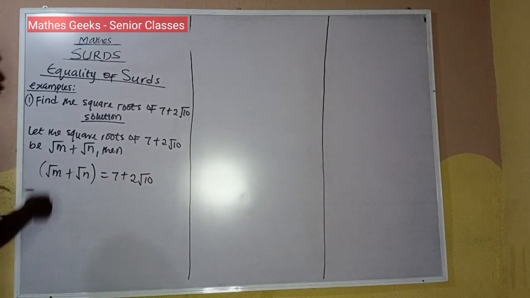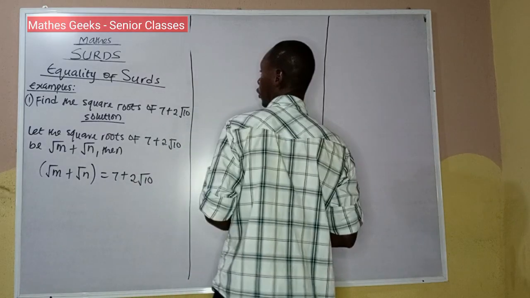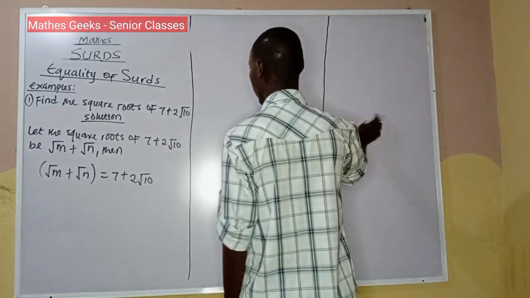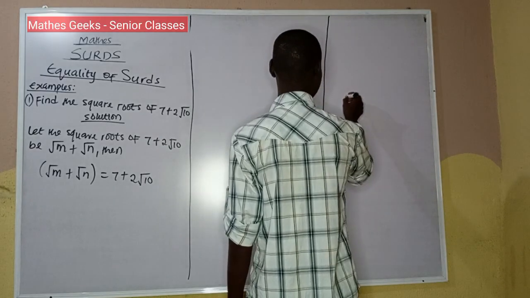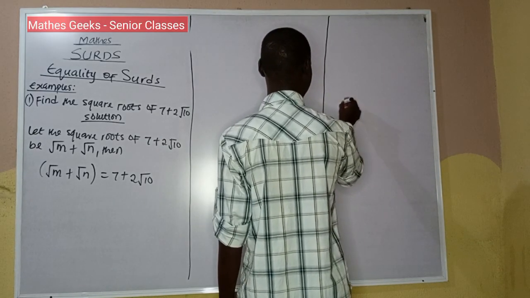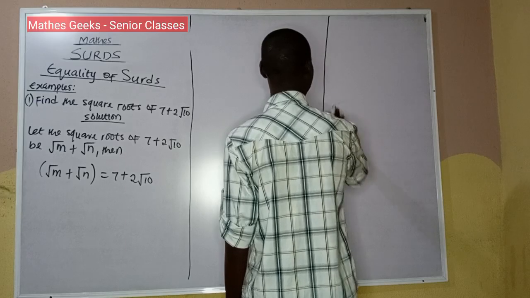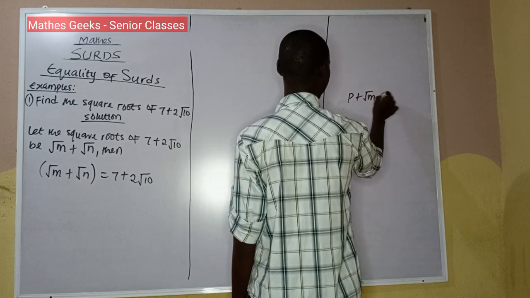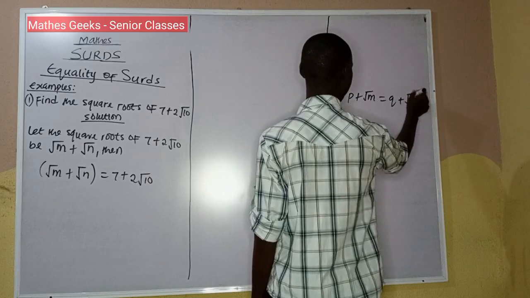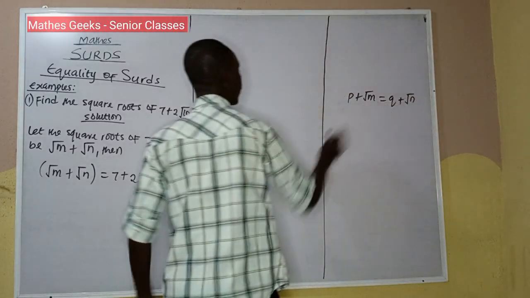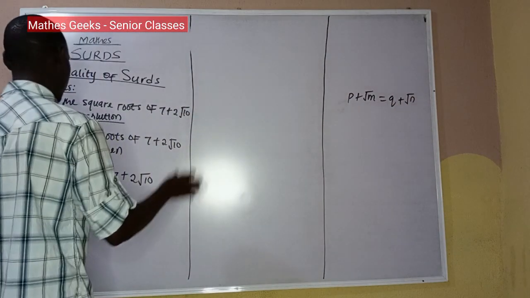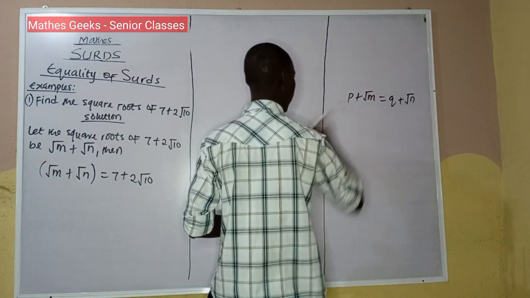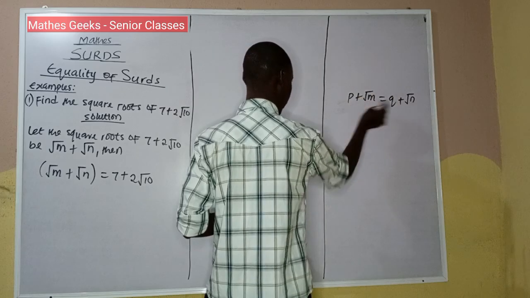Remember, when I introduced the topic, we said that from the equality of surds, p plus root m will be equal to q plus root n. So for these two surds to be equal, this part is equal to this side, and both sides must be equal to 0.